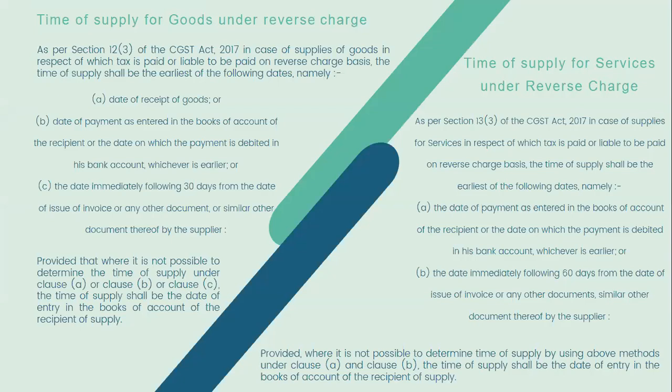Next comes the point of time of supply for goods under reverse charge. As per Section 12, subsection 3 of the CGST Act 2017, in case of supplies of goods in respect of which tax is paid or liable to be paid on reverse charge basis, the time of supply shall be the earliest of the following dates, namely, first, date of receipt of goods, or second, date of payment as entered in the books of account of the recipient or the date on which the payment is debited in his bank account, whichever is earlier.